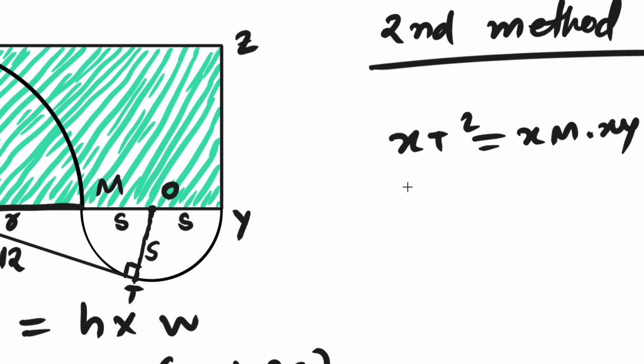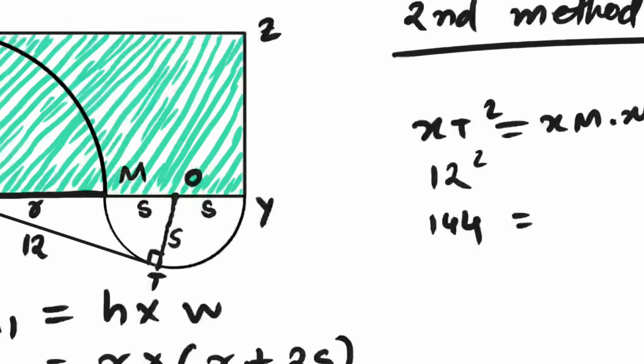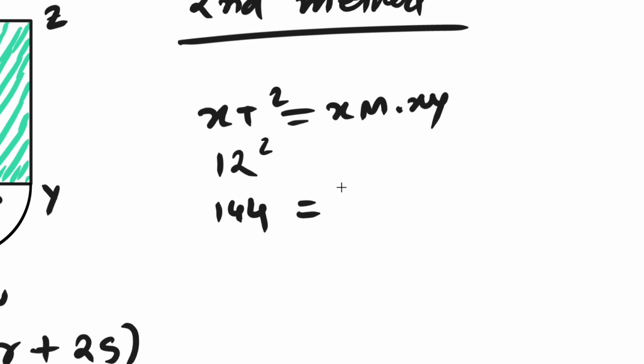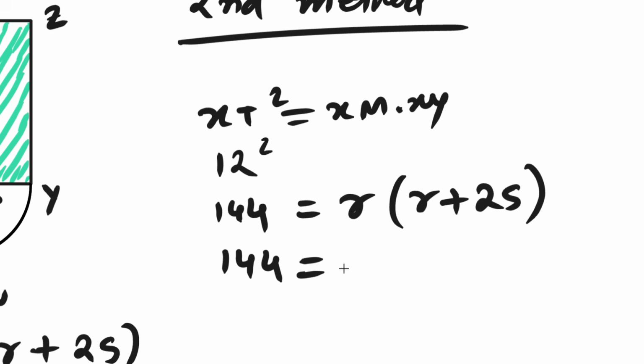We know that XT is 12, so XT squared is 144. We also know that XM equals r, and the entire width XY equals r plus 2s. Therefore, 144 equals r multiplied by the quantity r plus 2s. Expanding the right side gives 144 equals r squared plus 2rs.